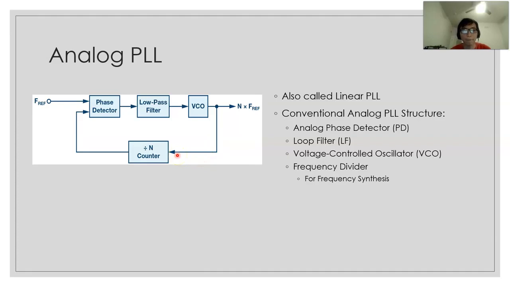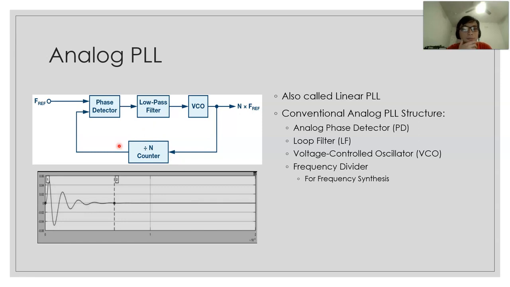And here, for synthesizing a clock signal at higher frequency, a counter, the frequency divider, is added. And how can adding a divider actually multiply the frequency? As you can see here, the two signals are aligned with each other: the reference signal with frequency FREF and the feedback signal with, let's say, frequency F feedback.